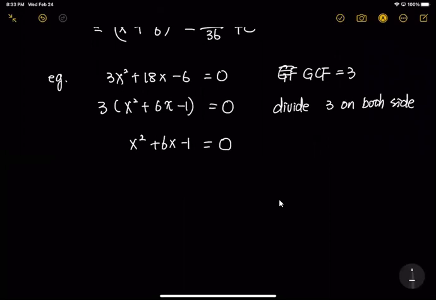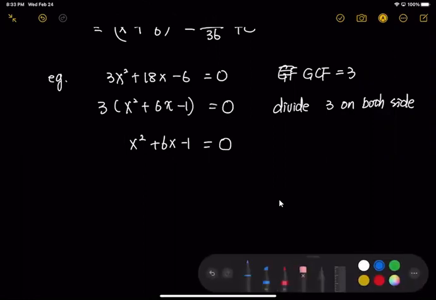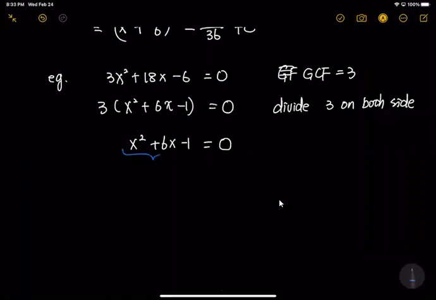Okay, so what's next? Well, what can we do in here? We can't factor this one, so now we can use our completing the square method. So look, these two, b is equal to 6. So b over 2 is equal to 3.